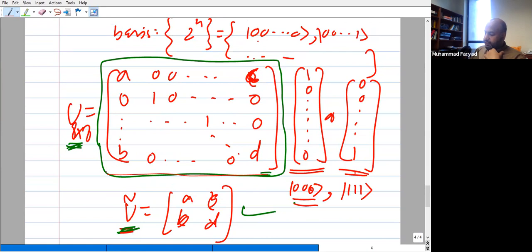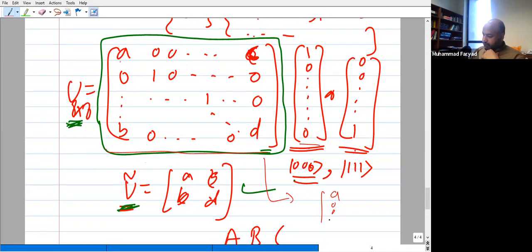If this U acts on this 0, 0, 0 state, we get A 0, 0, 0 all the way to B. So this is the state we get, which is A 0, 0, 0 plus B 1, 1, 1.